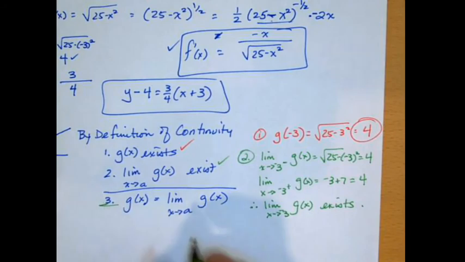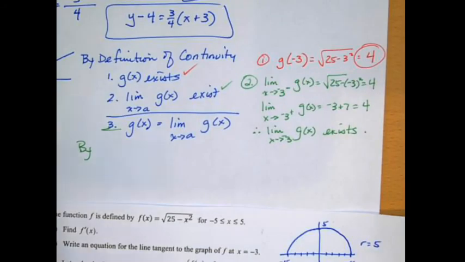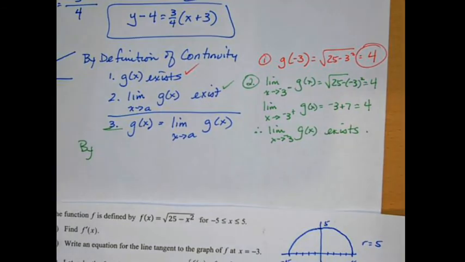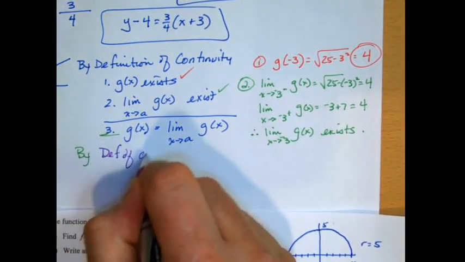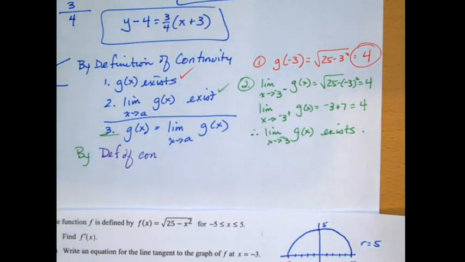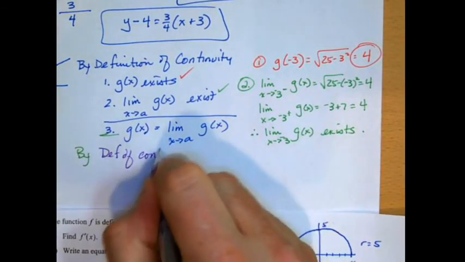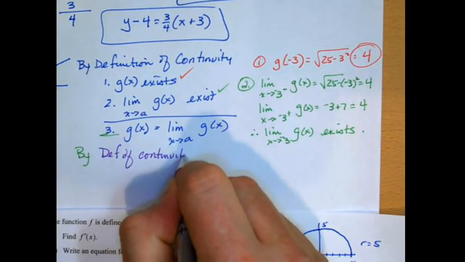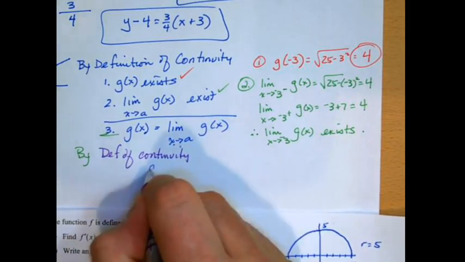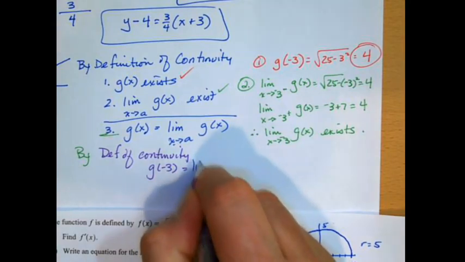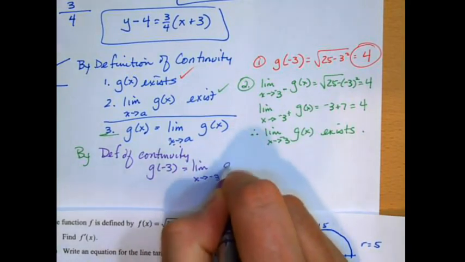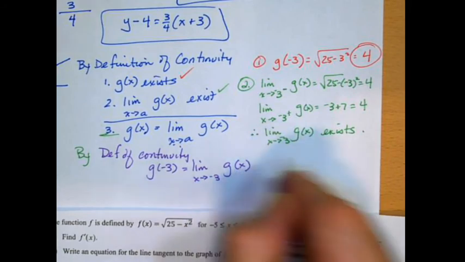3. So, right, sorry, I'm going to switch pens. By definition of continuity, g of negative 3 is equal to the limit as x approaches negative 3 of g of x.